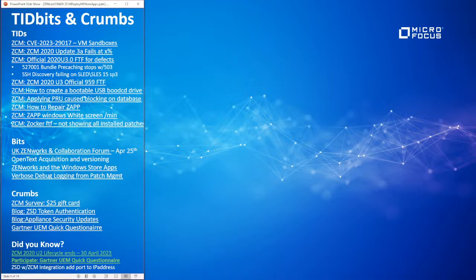All right, we have some tidbits and crumbs, new TIDs that came out, showing here. So downloading this presentation PDF is probably pretty valuable if you're running these particular systems, so that you can actually click on the links and get to them.